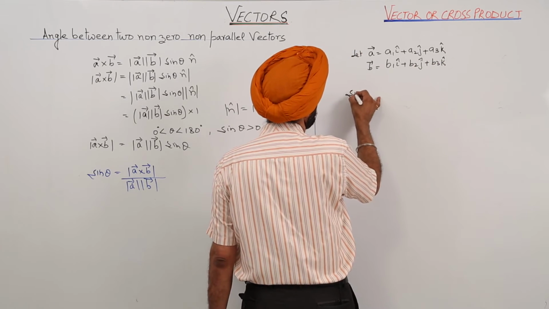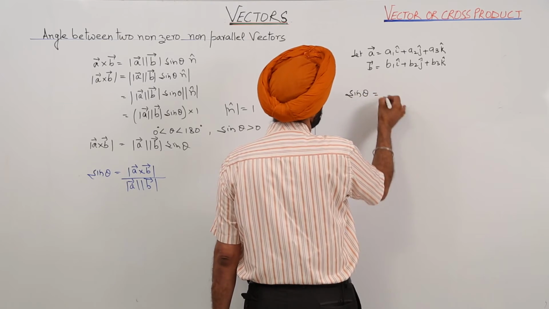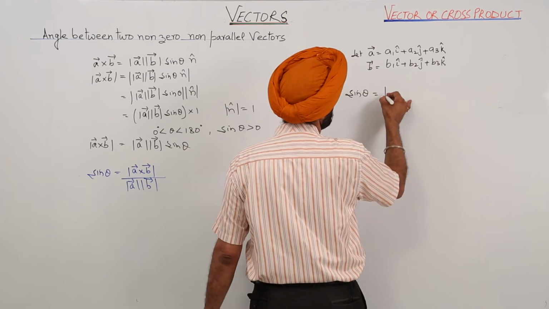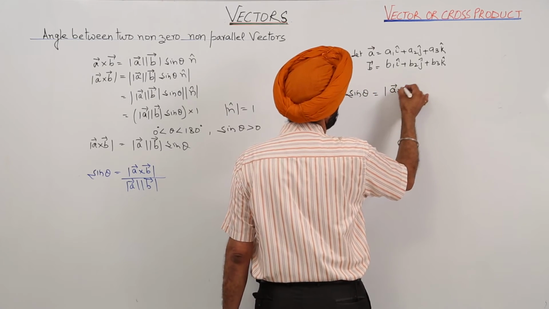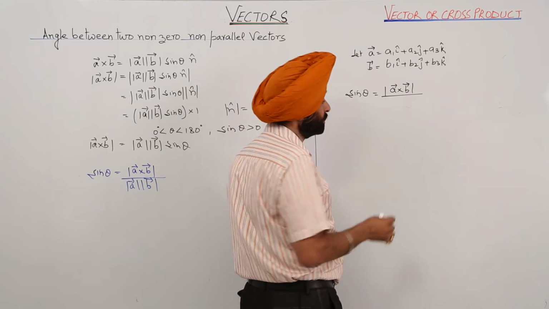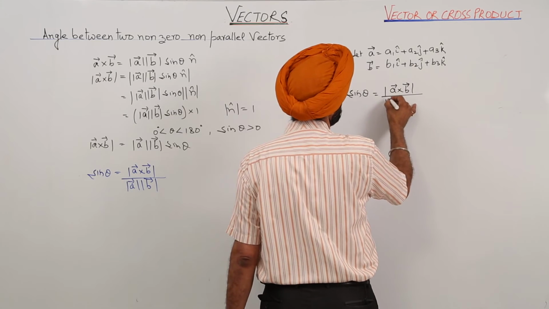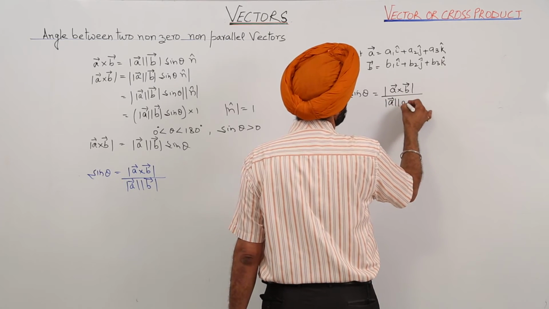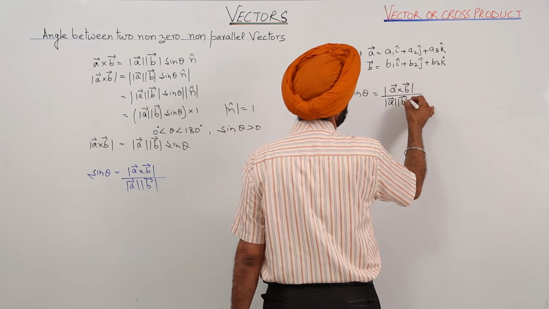Now we have sin theta as modulus of A cross B, or we can write magnitude also, upon modulus of A, modulus of B.